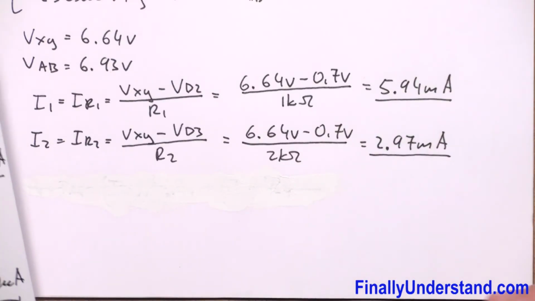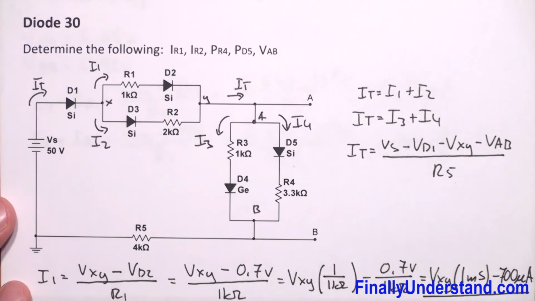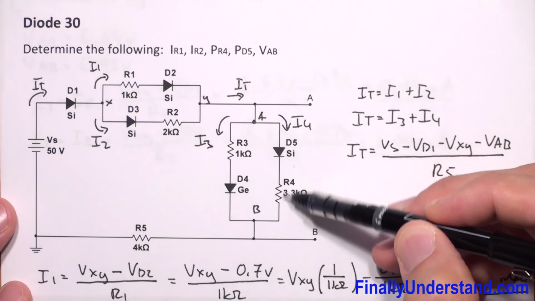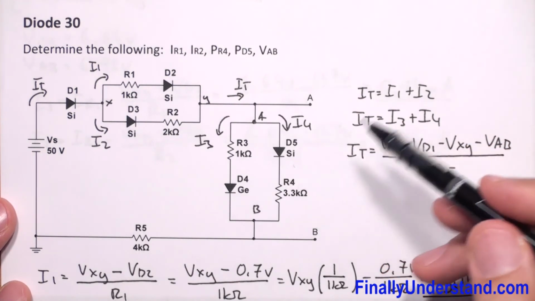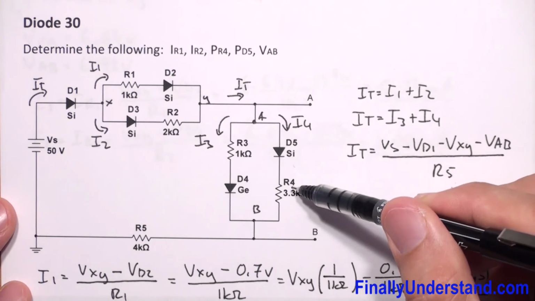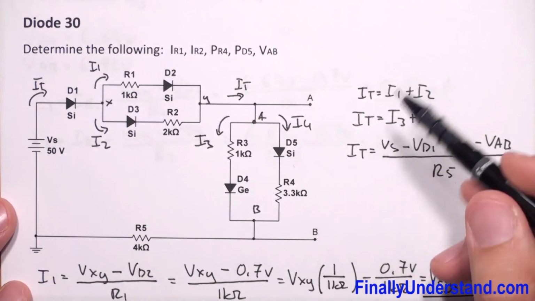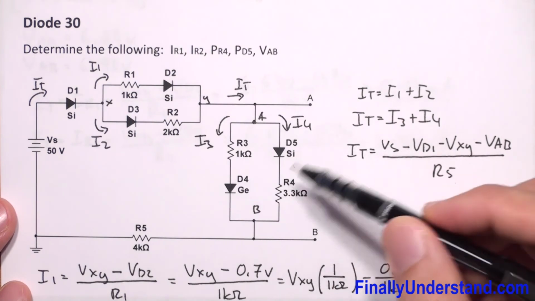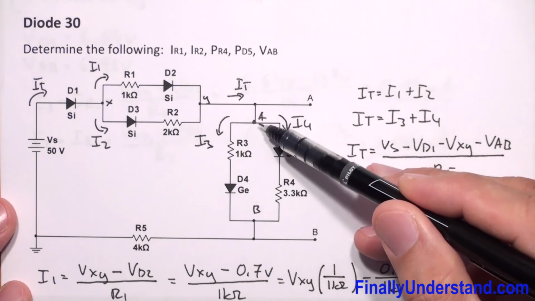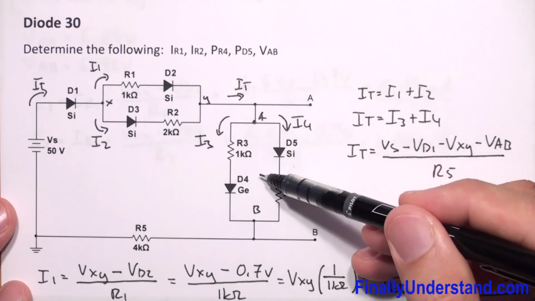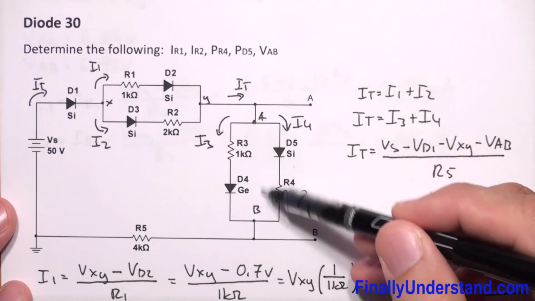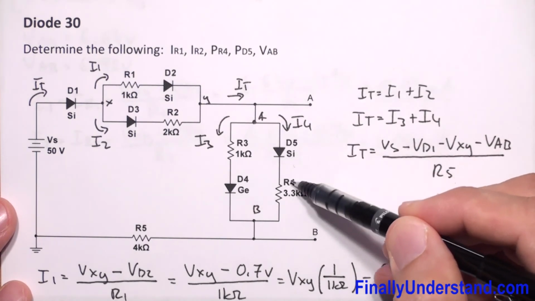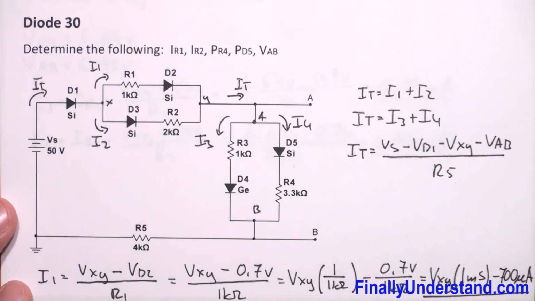Next, we're supposed to find the power at resistor R4. Okay, so power at this resistor. In order to find the power at this resistor, we're supposed to find the current which goes through this resistor or the voltage across this resistor. Okay, so I'm going to find this time the voltage across this resistor. Please notice that we have the value already of the voltage VAB. So if we subtract from VAB the voltage of the silicon diode, we are going to obtain the voltage across resistor R4.